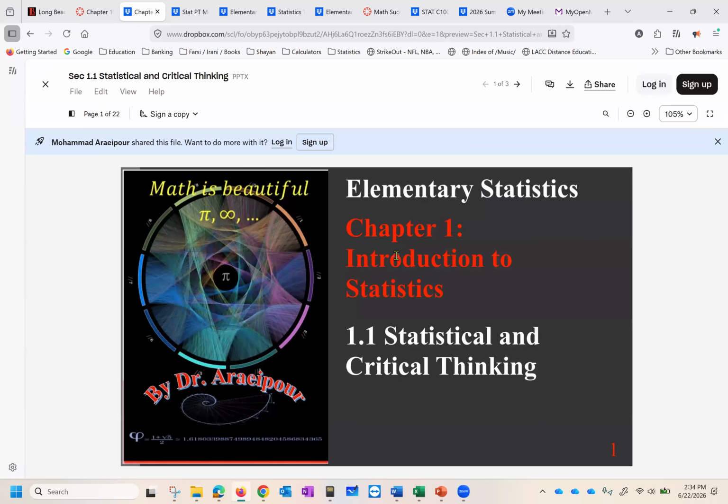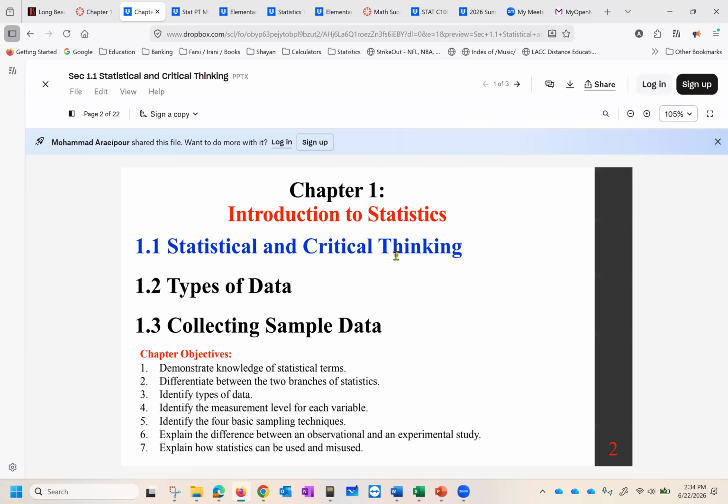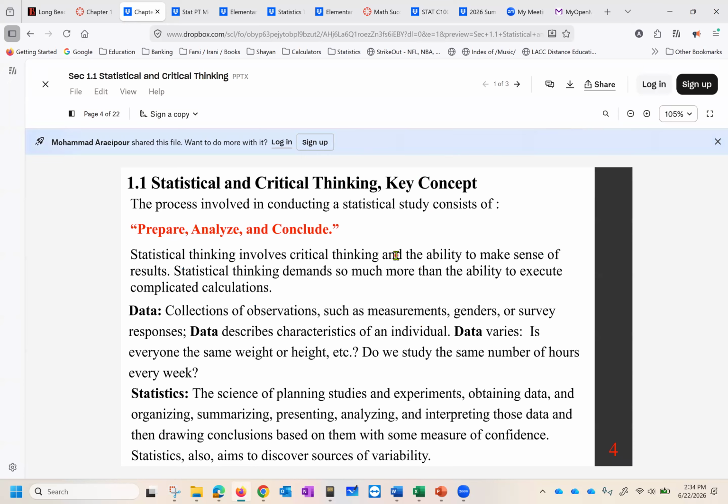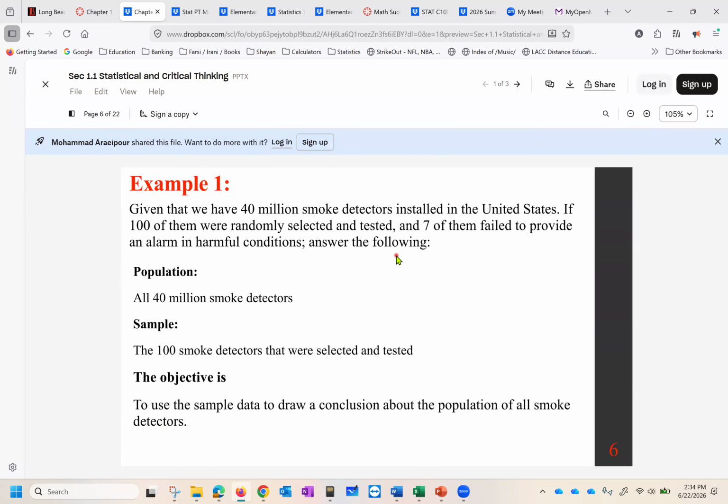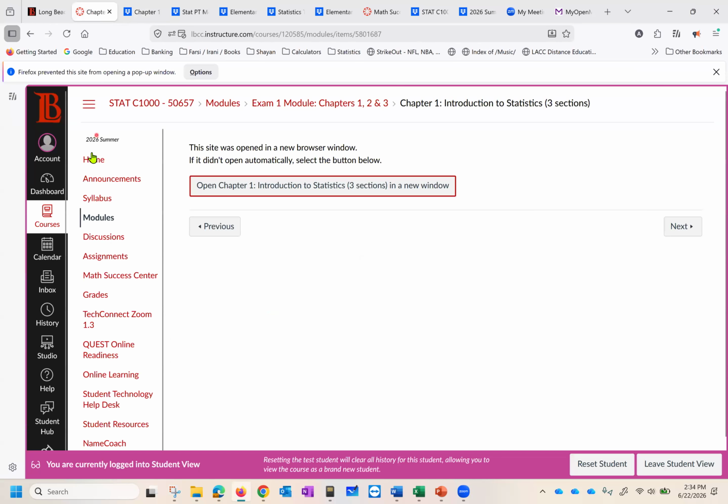Now, if you download that and put it in slide mode, you don't see the entire page. You just see the question. Because it's in slide mode, arrow down takes you to the next line and the next line and the next line. So you can actually work it out.